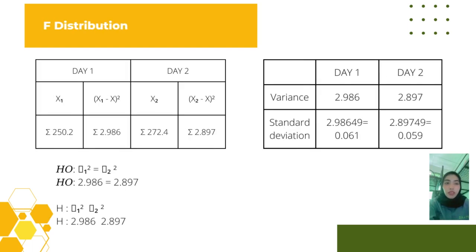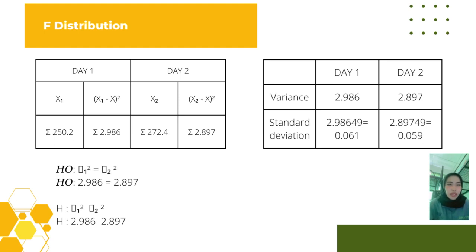For the F distribution for day 1, the x1 total is 250.2. The sum of x1 minus x bar squared is 2.986. And for day 2, the x2 total is 272.4, and the sum of x2 minus x bar squared is 2.897.